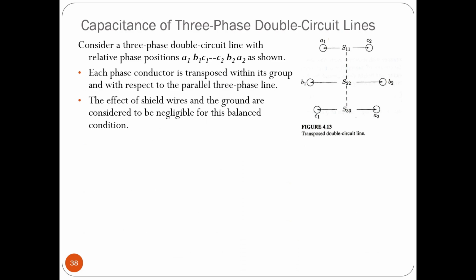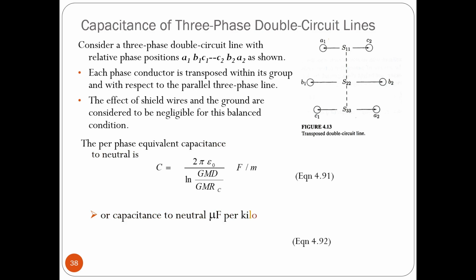Okay, so let's apply this to the same problem as earlier, where we have a double circuit line, the same configuration as shown before, which is figure 4.13. Let's look at how it impacts the capacitance. The basic formula is still the same: the capacitance formula is 2 pi epsilon naught over ln GMD over GMRC, which is either equation 4.91 or equation 4.92, depending on what you want to calculate.